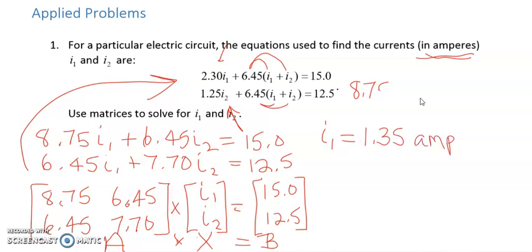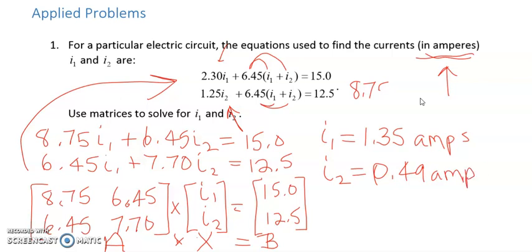Now notice that they tell us here that it's in amperes. All right, so there's the current. I suppose it's current. I know practically nothing about electricity. And the second variable, I2, was approximately 0.49 amperes.